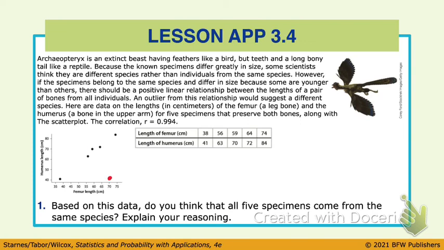Do you think that that would be the same species? Probably not, because that is very far outside of the trend of the data, and so that would make me think that this would definitely not be from the same species. It would definitely be an outlier.